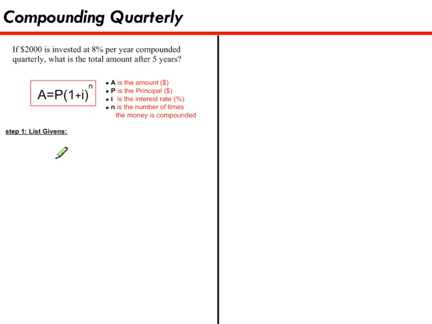The first thing we'll do is list our givens in the question. And the first number I see is $2,000, and that's the amount that's being invested, and that's how much money we started off with. So that is our P, or principal. So the P in this question will be equal to $2,000.